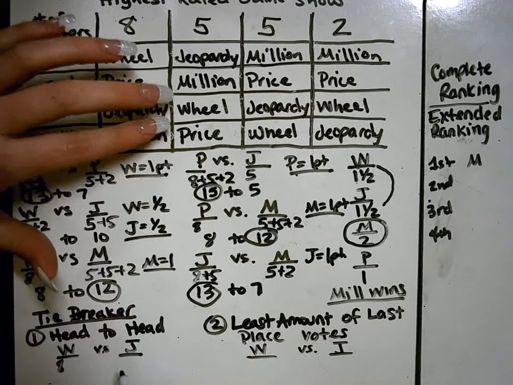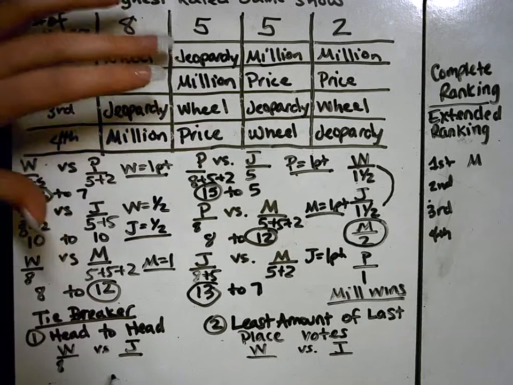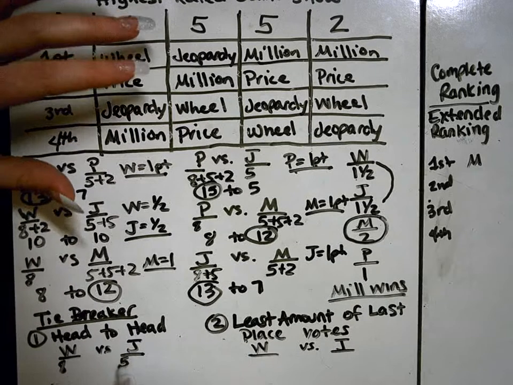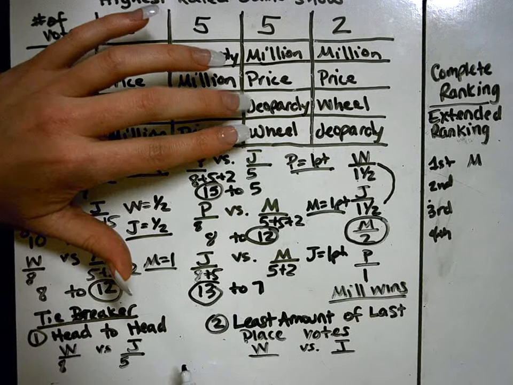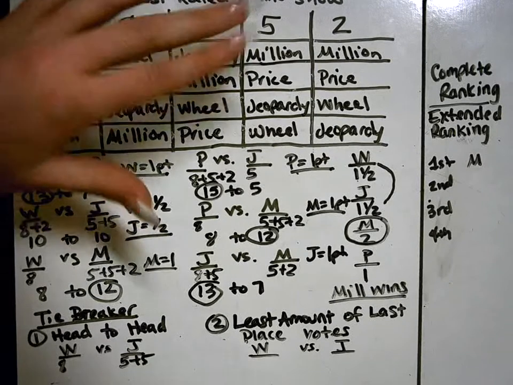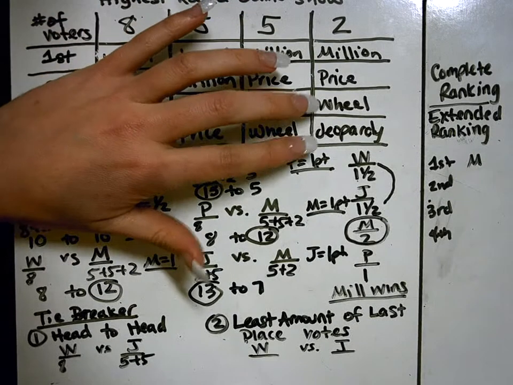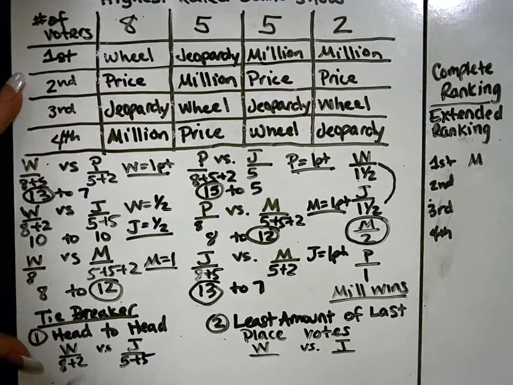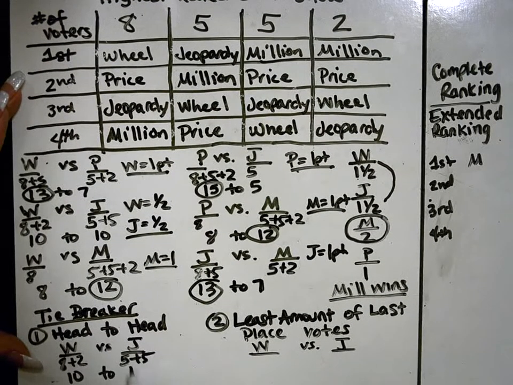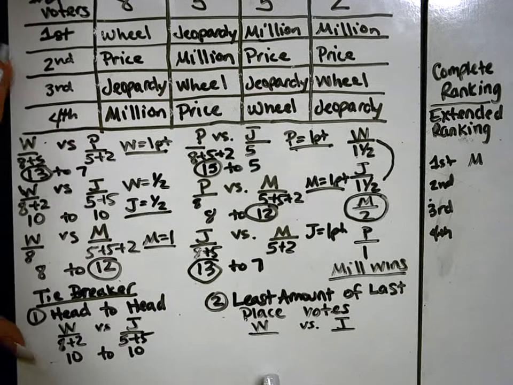Wheel versus Jeopardy. Jeopardy is preferred, so Jeopardy gets 5. In the third column, Jeopardy is preferred over Wheel, so Jeopardy gets another 5. And in the last column, Wheel is preferred over Jeopardy, so Wheel gets those 2. And in this example, it shows that it ends in a tie.